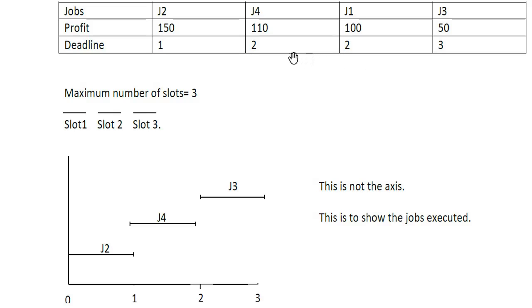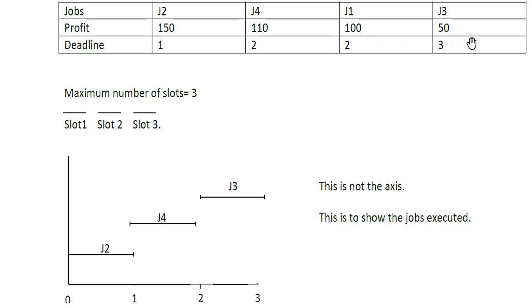I can execute job 4 because I am earning more profit compared to job 1. So I will go with job 4. After this, job 1 will be over. It waits for 2 hours and terminates automatically, because the processor could not assign the time to it. So job 1 terminates automatically.